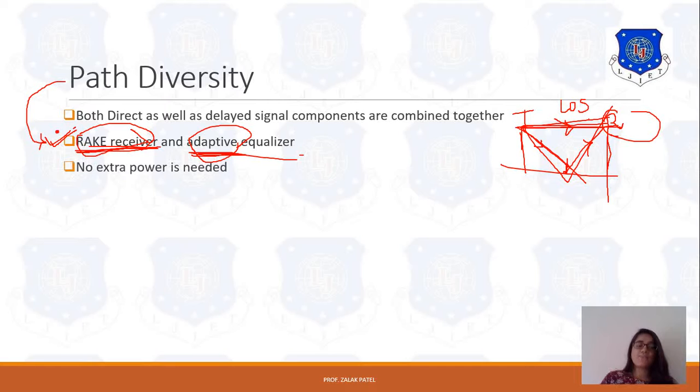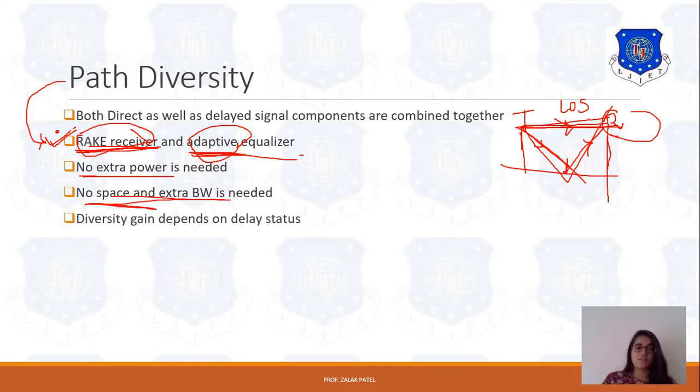The advantage of path diversity is that it does not need any extra power, extra bandwidth or extra space. Simply here are the transmitter and receiver, but it depends on the path. So that's why no extra space or extra bandwidth is needed. Diversity gain depends on the delay status only, meaning which path we have taken.